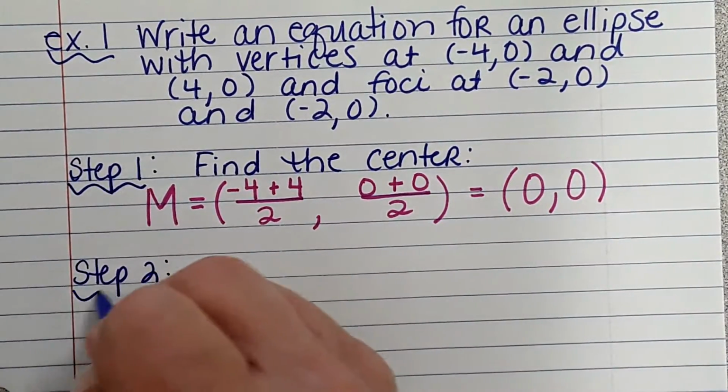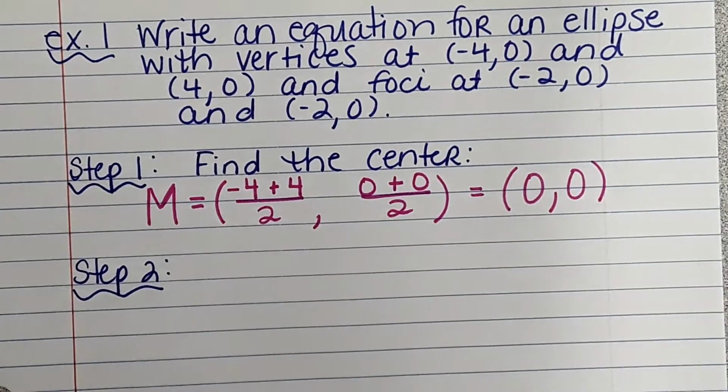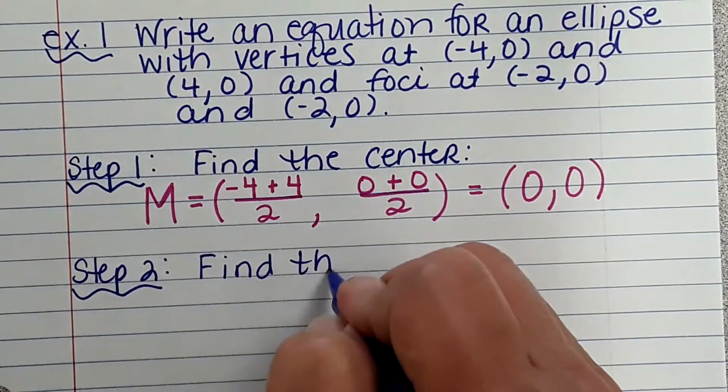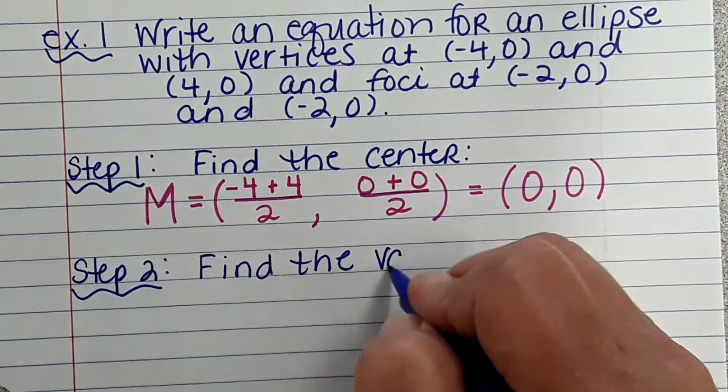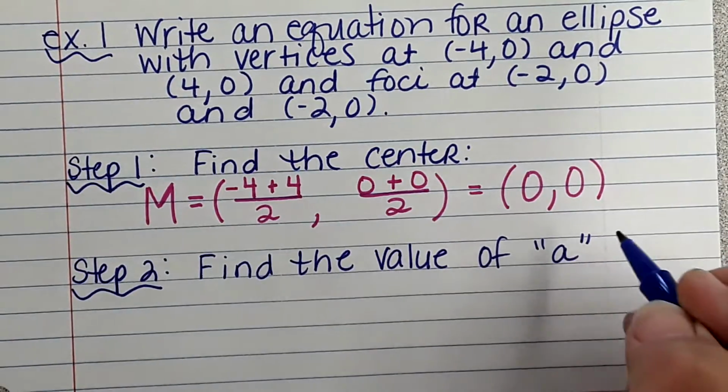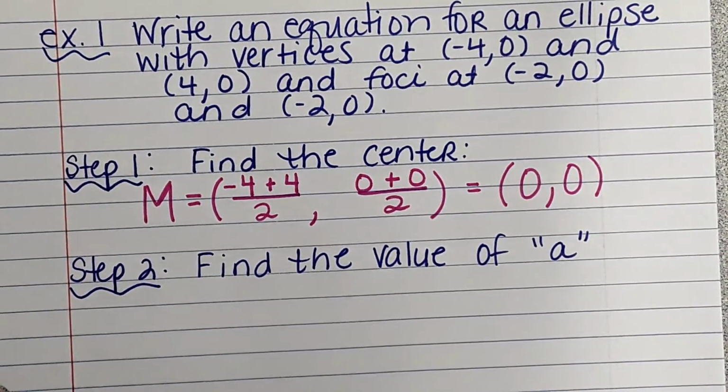Step 2, we have to find a because we need to know the major axis. To find a, a is related to the length of the major axis, and the vertices are on the major axis.